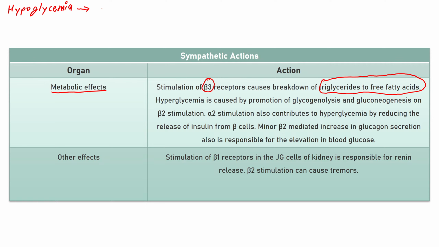We need to break down glycogen, so glycogenolysis. Obviously we need glucose. We will make new glucose, gluconeogenesis. All of these steps we are doing to increase blood glucose.